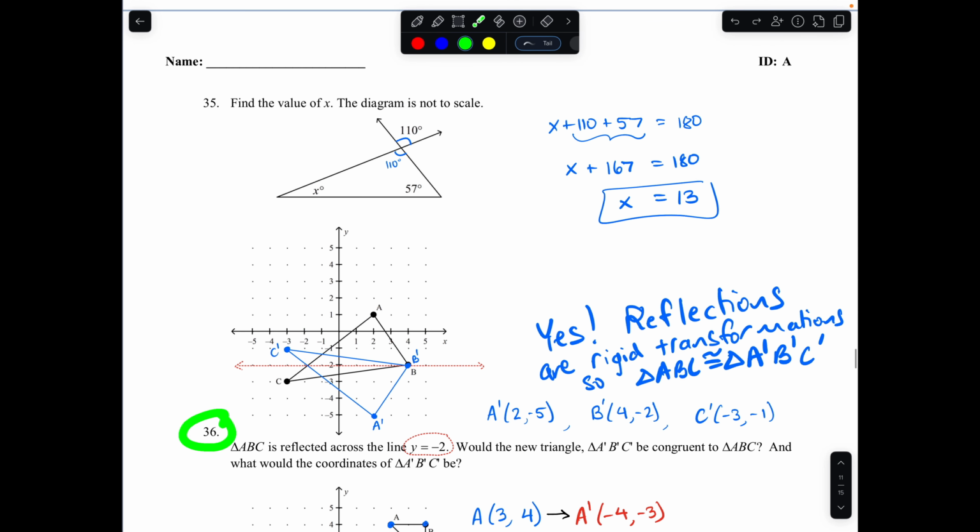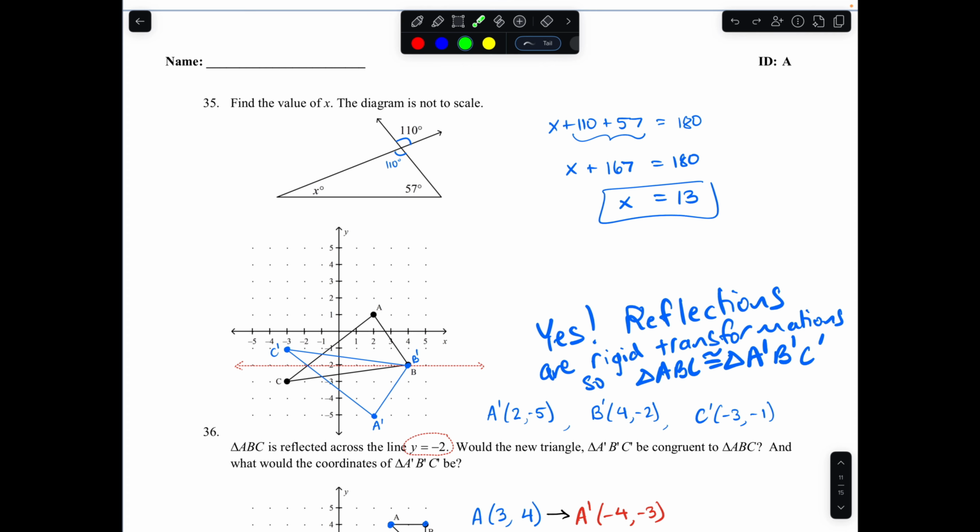All right, so number 36. That's this graph here, and it tells us that triangle ABC is reflected across the line y equals -2. And so I drew that line here as a red dotted line, y equals -2. And it's asking, would the new triangle A prime, B prime, C prime be congruent to triangle ABC?